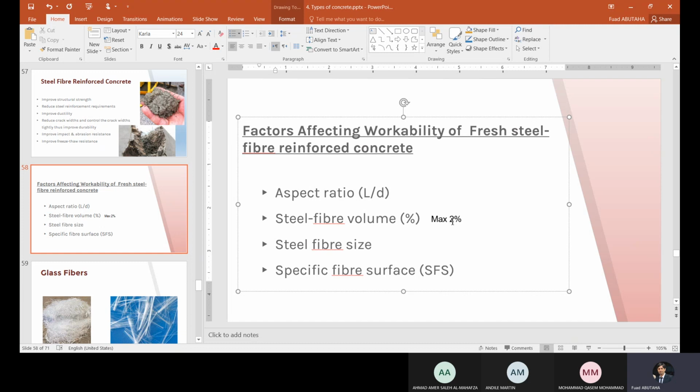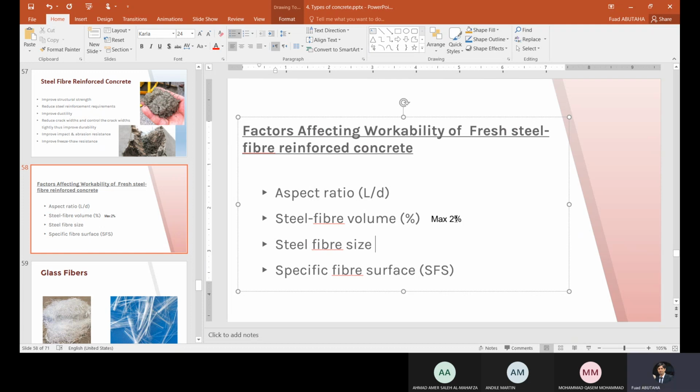So why do we need to limit it to 2%? Because, especially for steel fibers, it will start to negatively affect the workability. The higher the volume of steel fiber, the lower the workability: it makes the concrete stiff, harsh, and difficult to mix, handle, and transport. That's why it is not recommended to use fiber more than 2% of the total volume of concrete.